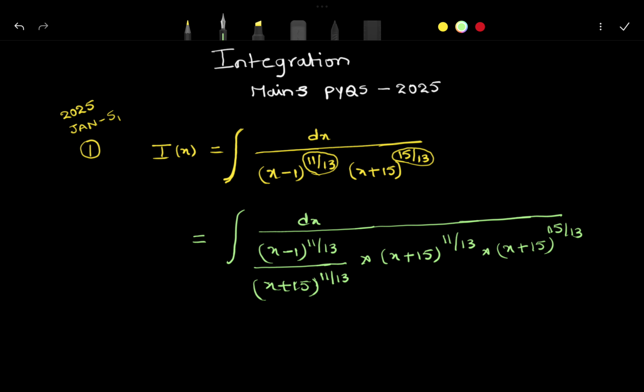Now you see, the base is the same, the powers are different, and the sum is 26 by 13, that is 2.